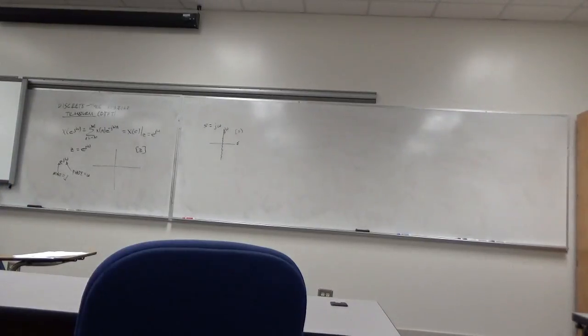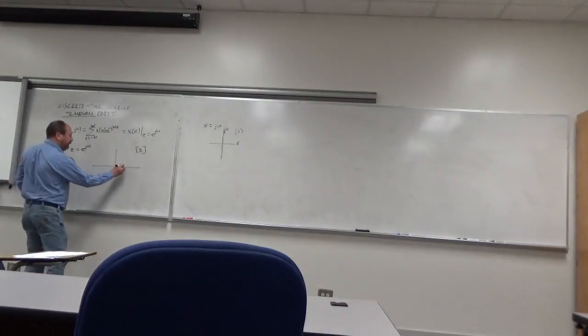So what does that mean? If z is e to the j omega, its magnitude is 1 and its phase is omega. What does magnitude equal 1 mean? We know what that is. Magnitude? Radius? What is it? It's the radius. Radius is 1, so what is that? Unit circle. Right, it's the unit circle.